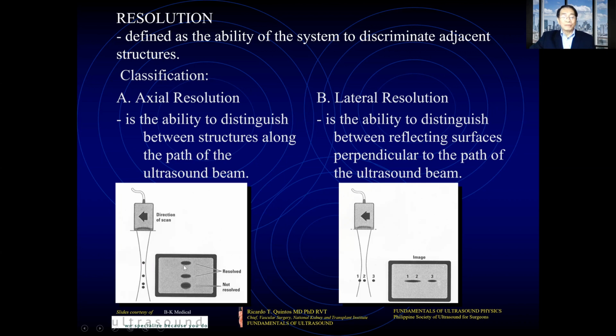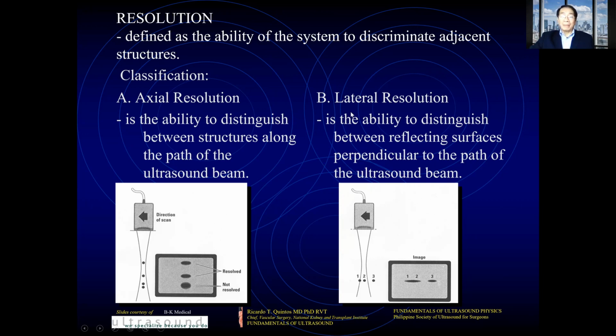But in the far zone, you have two structures here, but they will come out in the ultrasound as only one structure. They are not finely resolved, and you only see one structure, which is very bad resolution. So you will have to position the structure at or closer to your focal point, or in your near zone, in order to have good axial resolution.